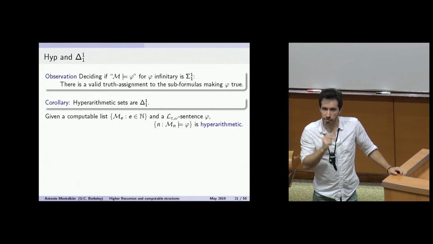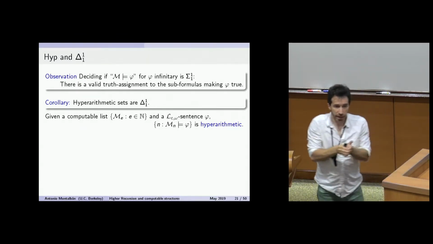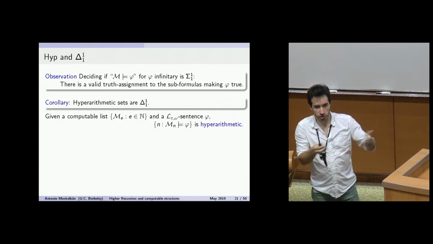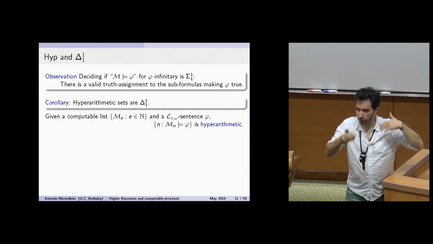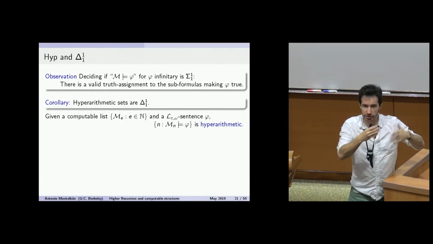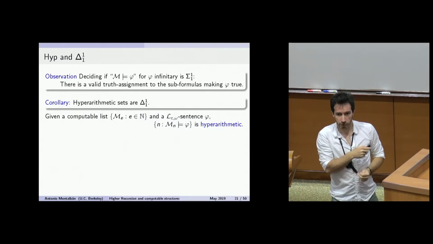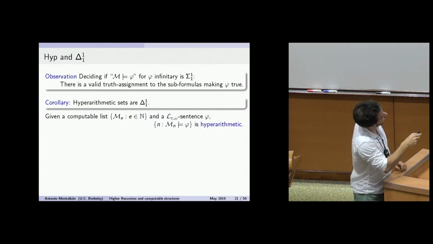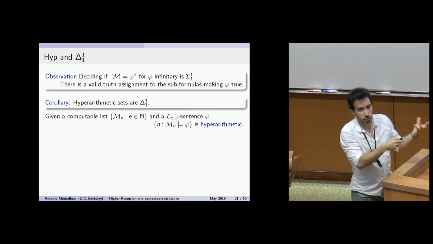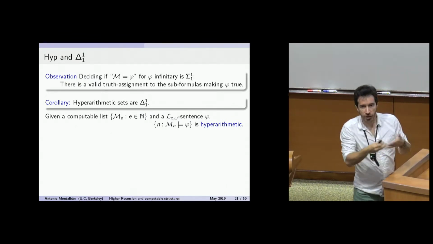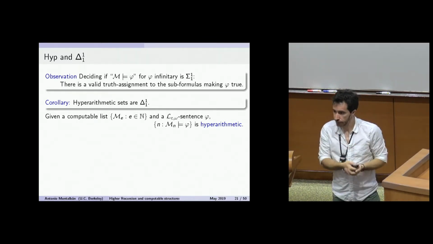Why is that? Each of these M's is a computable structure. It's given to you as a domain, a subset of the natural numbers, and you have computable operations that tell you the relations inside the structure M. So you can replace the formula phi: every time a relation about M sub e shows up, you put the computable operator that tells you whether it is true or not.